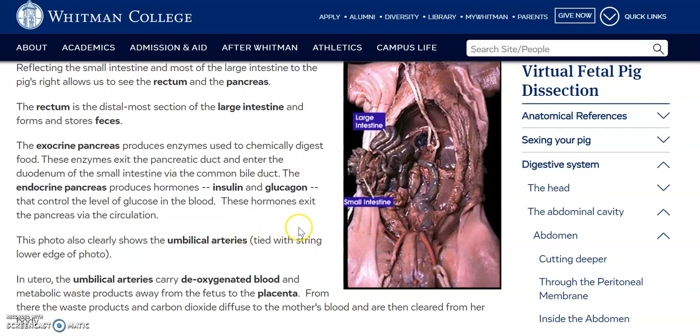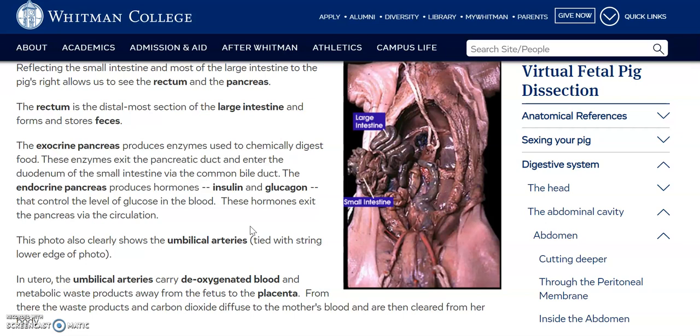Now, your pancreas is right here, and it's normally found directly, it's kind of difficult to see here, but it's normally found directly underneath your stomach. Okay, and that produces enzymes that we use to chemically digest and break down our food. Okay, now your pancreas also produces insulin and glucagon. Okay, so those are hormones in the endocrine system that control the level of glucose, which is sugar, in your blood.